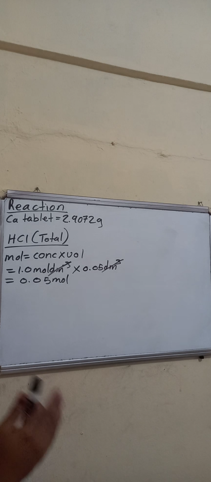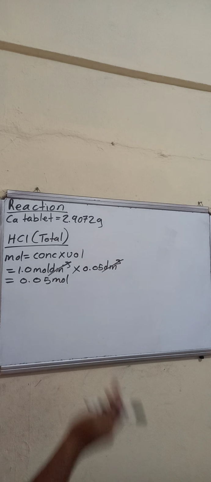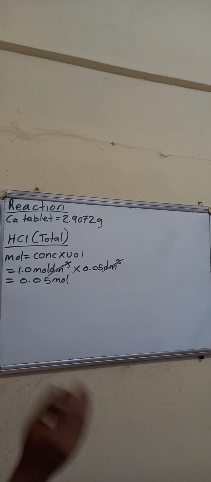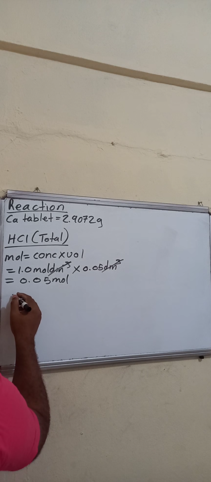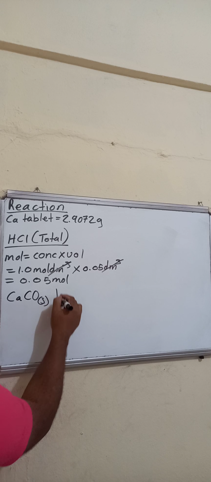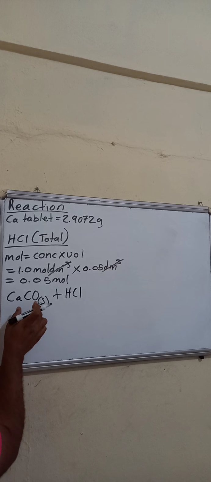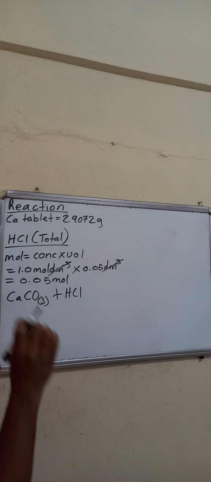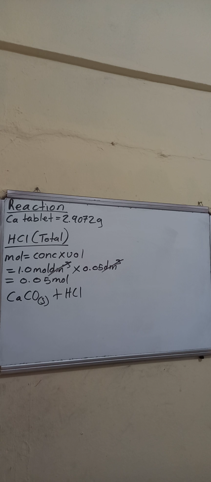If you are following the procedure from step 1, after you get the total moles of HCl, we are going to write the reaction. And remember, the reaction is between calcium carbonate and HCl. It was the tablet that we add to the acid, so the state symbol is solid. Always put your state symbols in your equations.